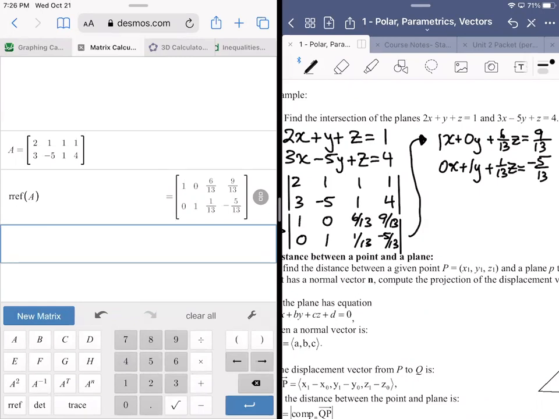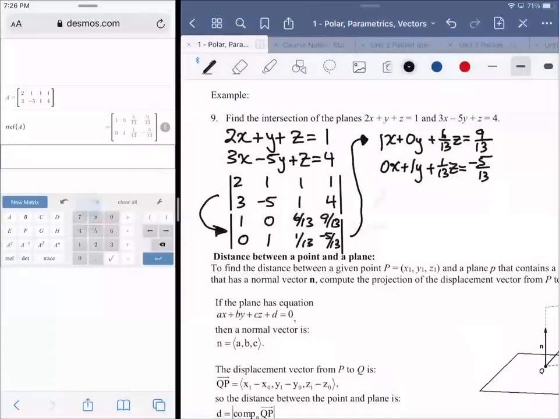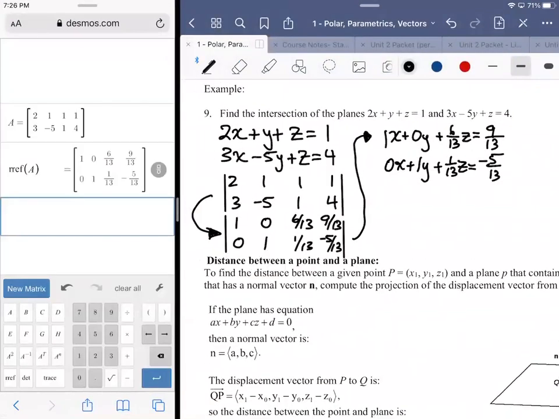I'm done with this for now, so I'll shunt it over there. I want to clean this up: x plus 6 13ths z is equal to 9 13ths, and then y plus 1 13th z is equal to negative 5 13ths.